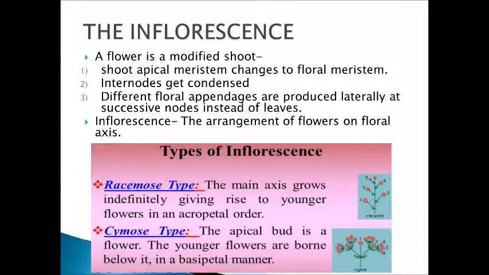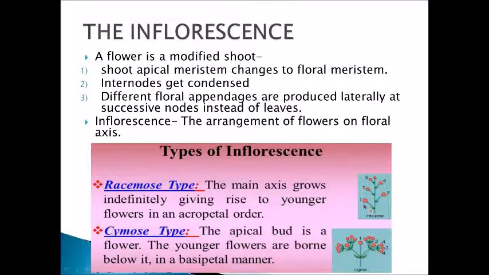In this, the main axis grows indefinitely, giving rise to younger flowers in acropetal order. In the diagram, you can see that this is the main axis. This goes on growing indefinitely and it produces younger flowers in acropetal succession.